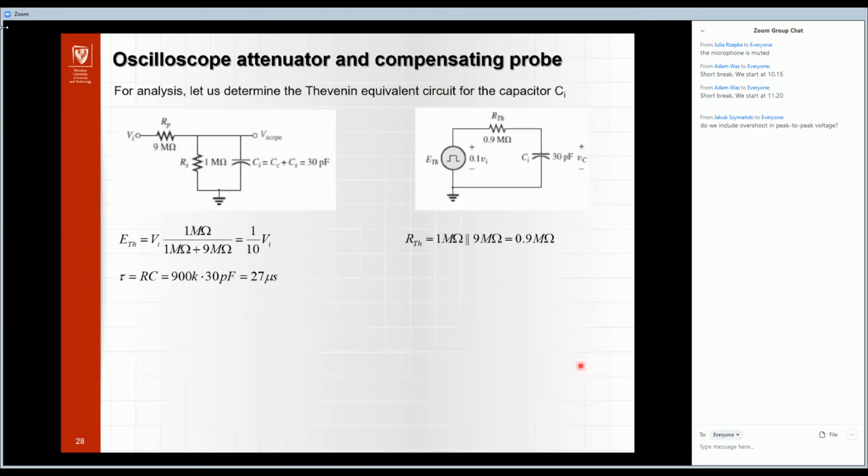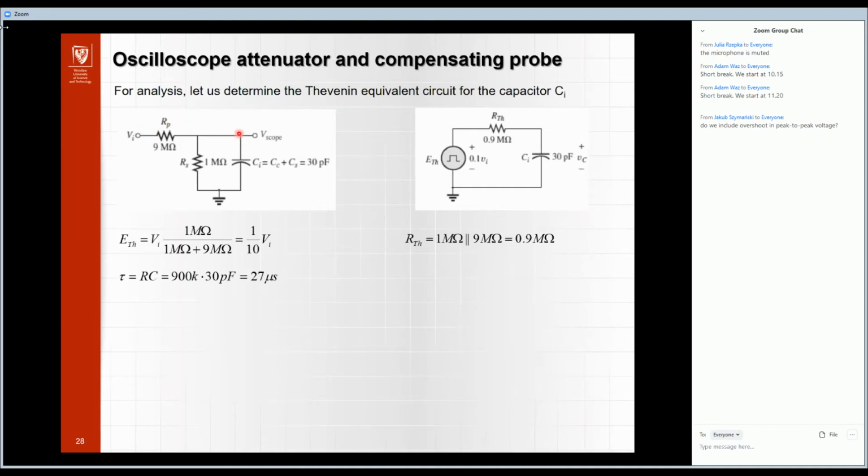Okay, and now we can apply it for such a signal, a square signal, and it is a good idea to use the Thevenin method for the equivalent of the circuit.